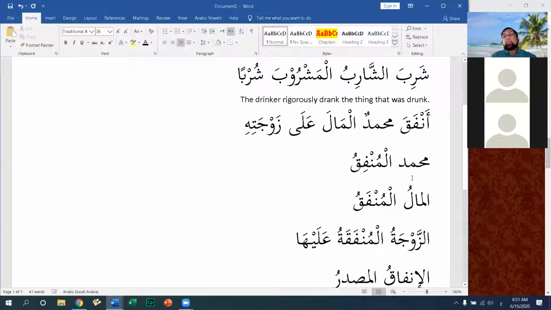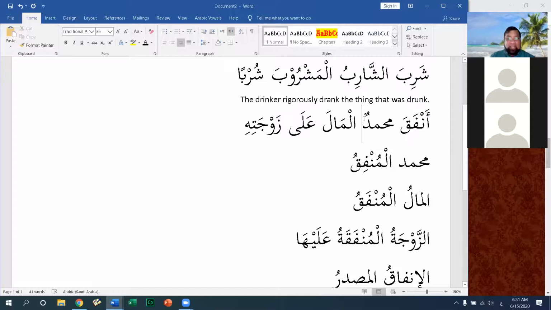So here we say أنفق محمد المال على زوجته. Just a little technicality here I want to explain to you, just in imla. It has nothing to do with grammar or sarf. When we read this, we would say أنفق, listen carefully, محمد, not dun, du. And then we'll say nil mala.